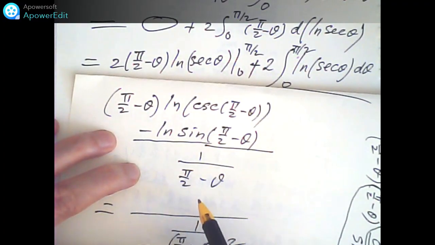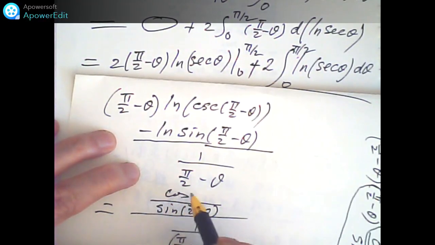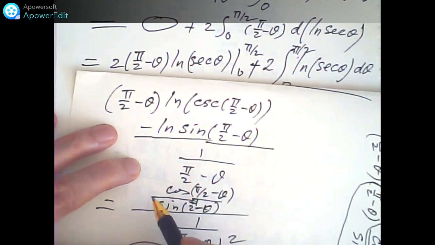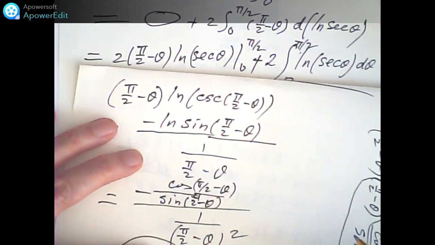The derivative would be sine half pi minus theta and the cosine half pi minus theta, and times negative 1, right? Yeah.